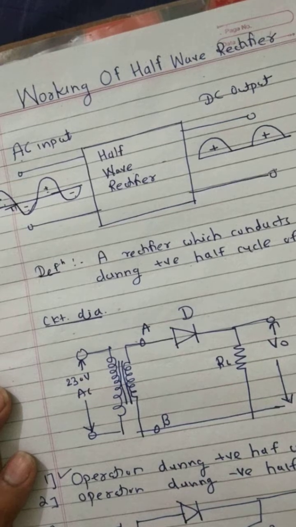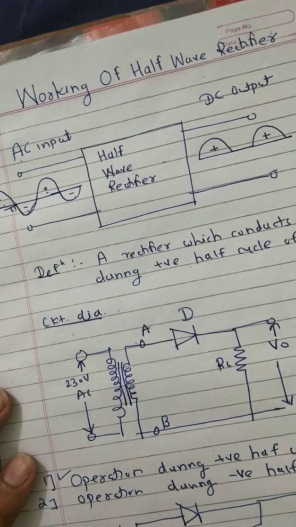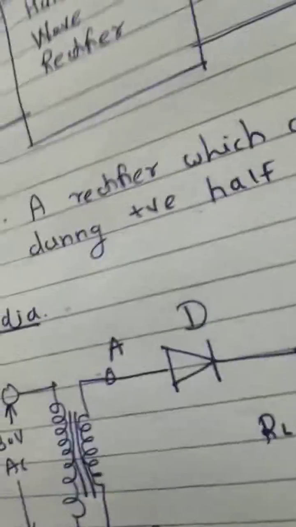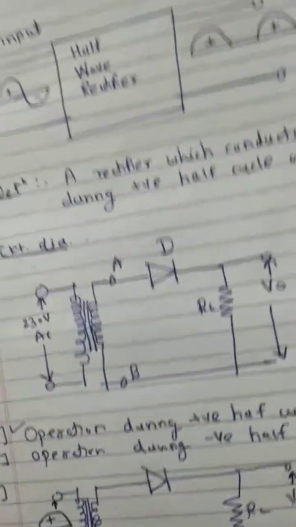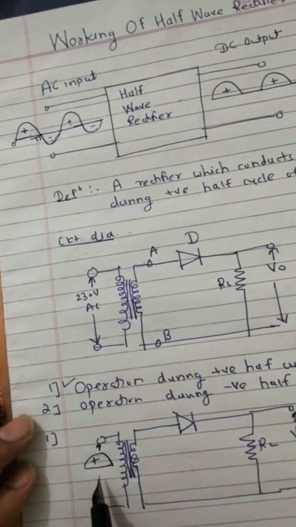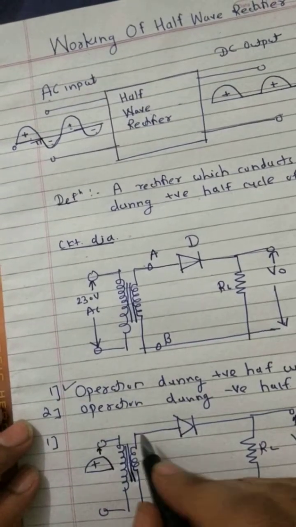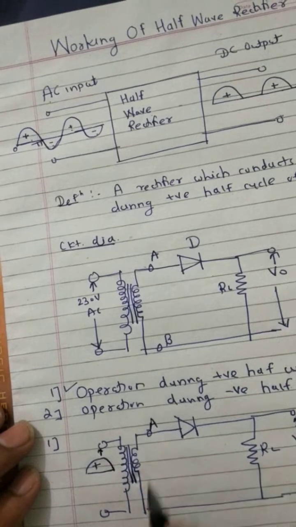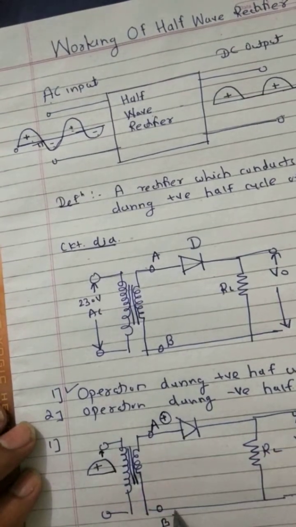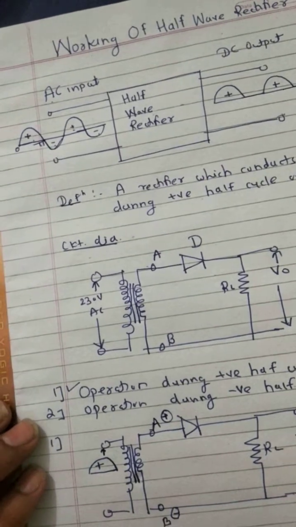What will happen at the output of the half wave rectifier? So I am applying the 230 volt AC input, and I am drawing only the positive half cycle of this input signal. During the positive half cycle of the supply, terminal A becomes positive with respect to terminal B. That means terminal A becomes positive and terminal B becomes negative.